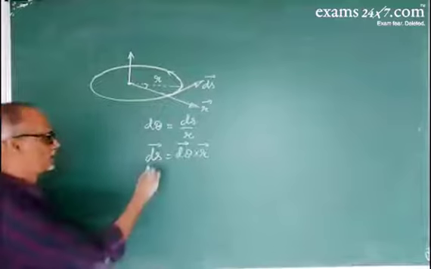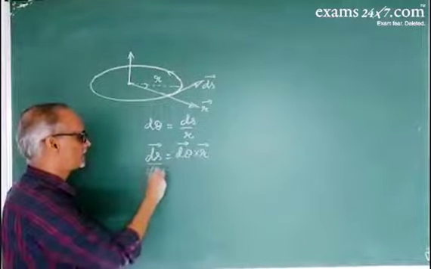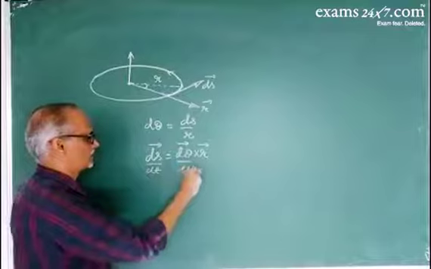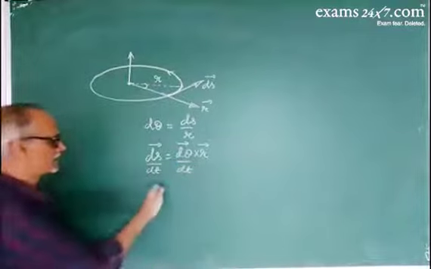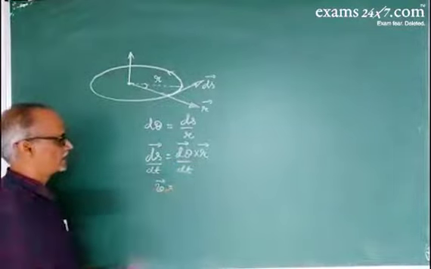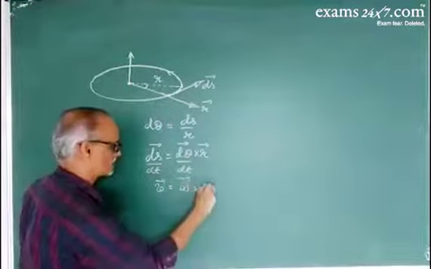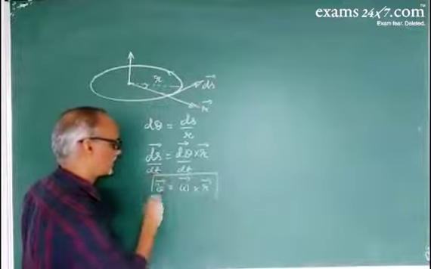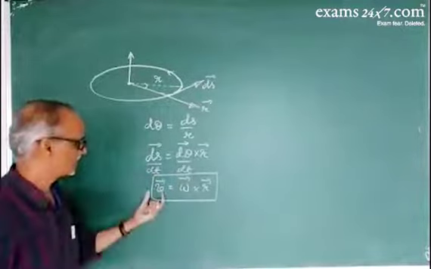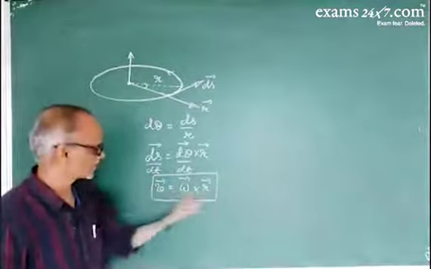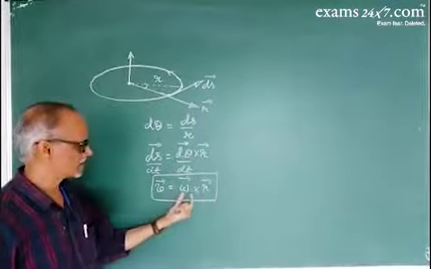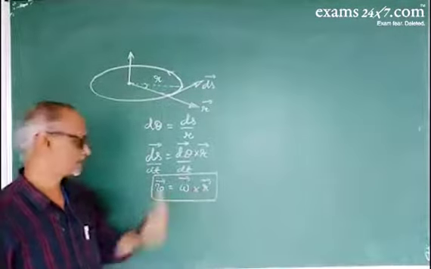And if I divide dt on either side, the rate of displacement will give you the velocity, and the rate of angular displacement will give you the angular velocity, which is omega. So we have another example for cross product. So this is a linear velocity, which is a cross product of angular velocity and the radius vector.